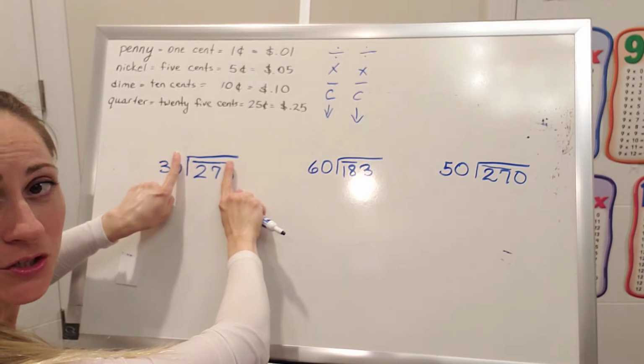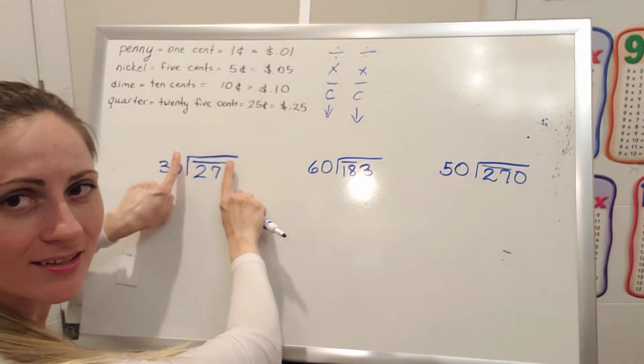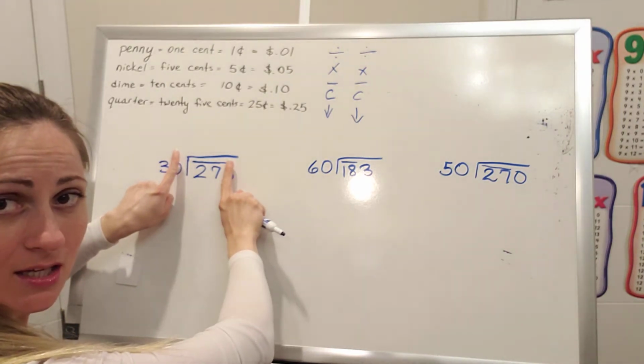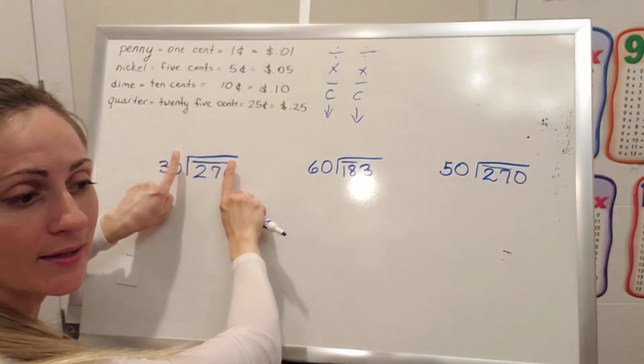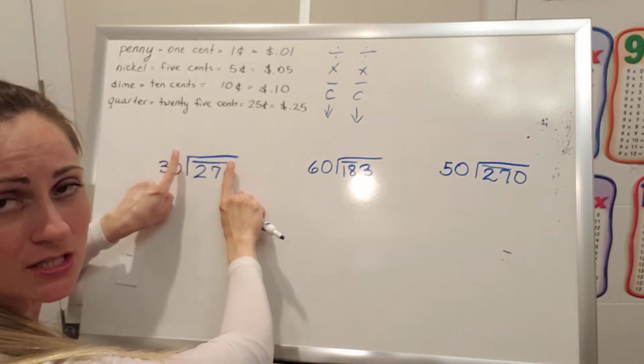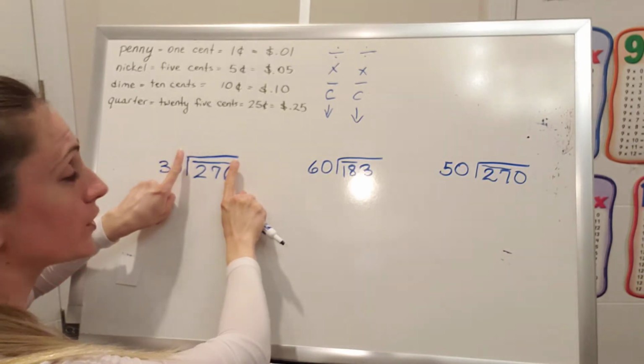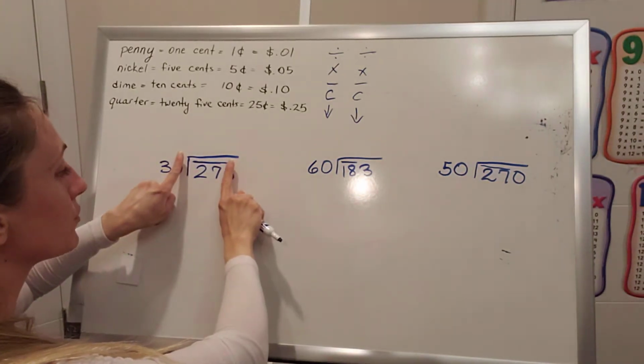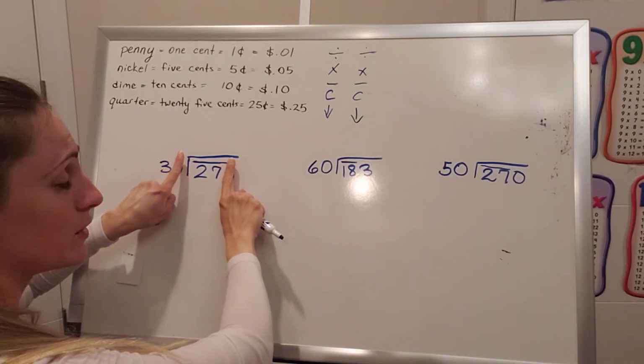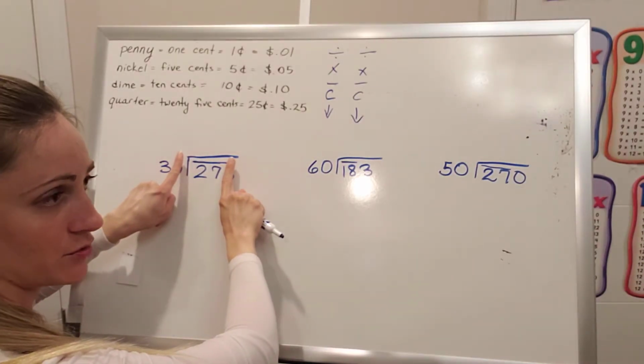So now what we're doing is we're dividing 27 by 3. But right now, placement of the answer, your quotient, is very, very important, very crucial. We're dividing 27 by 3. 3 will fit 9 times into 27.